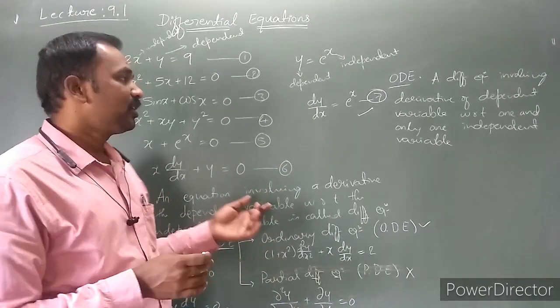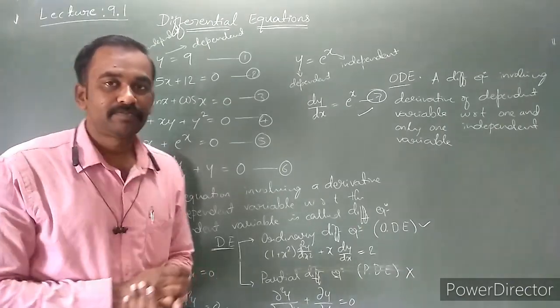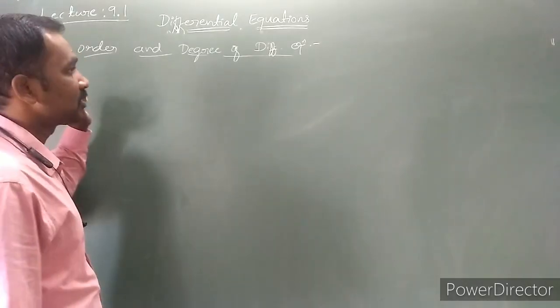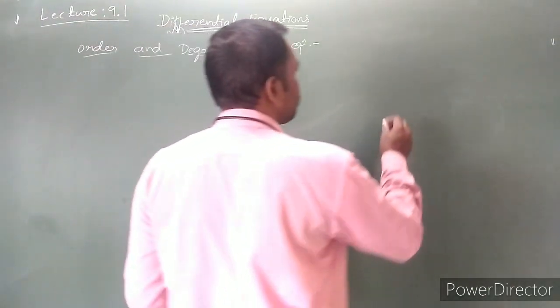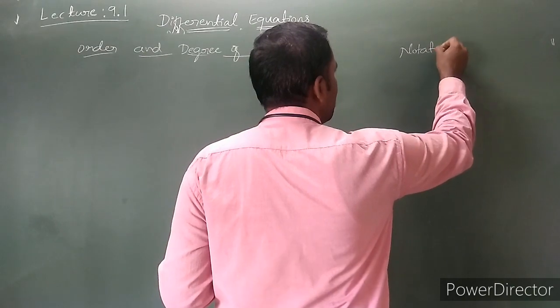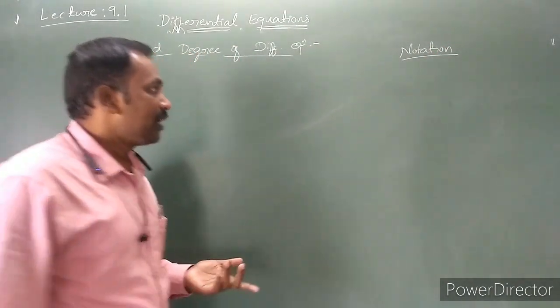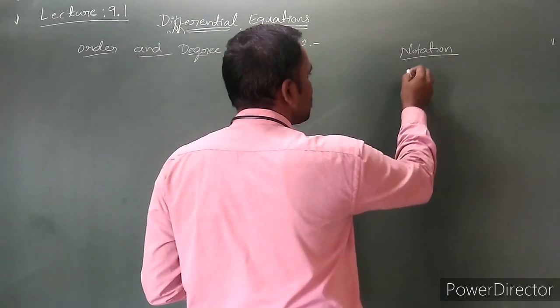Now go to the next point, that is order and degree of the differential equation. Before that, let us take the notation. You have already studied the representation of the derivative in differentiation.